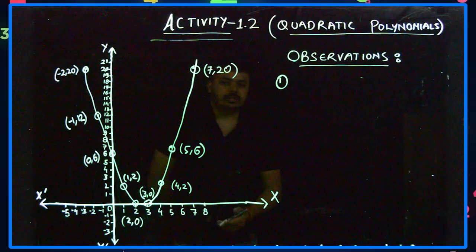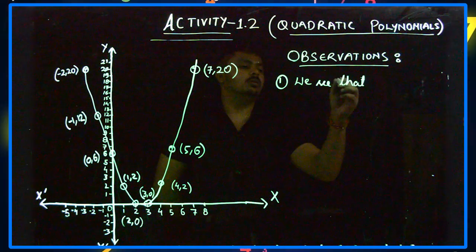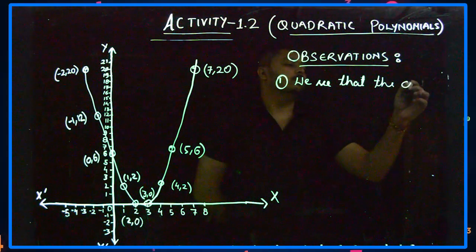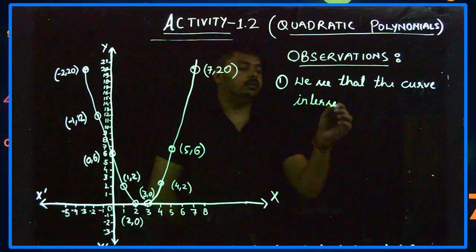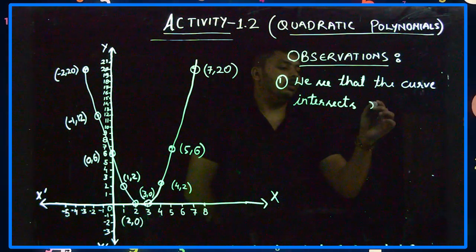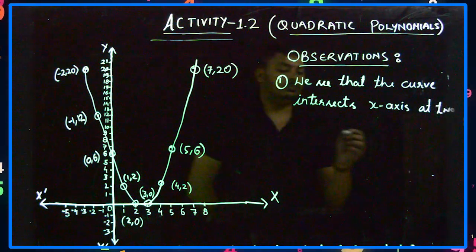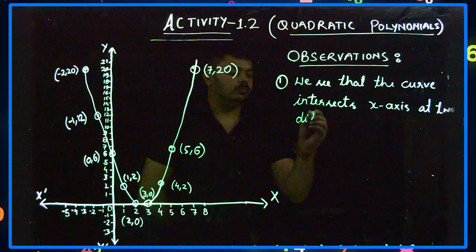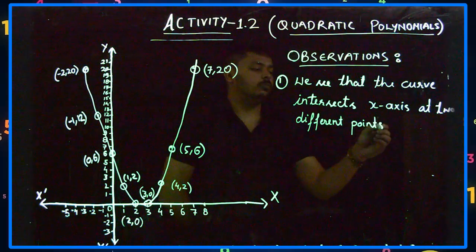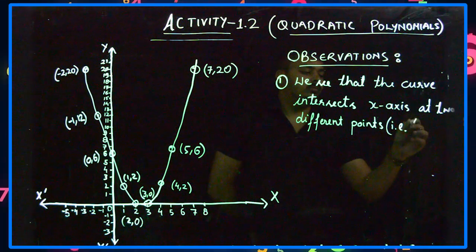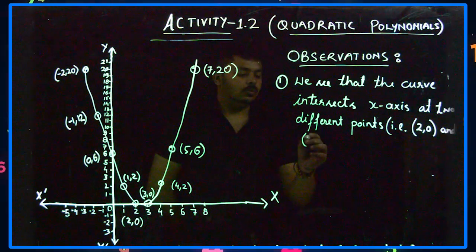So our observation for the given activity is, we see that the curve intersects x-axis at two different points, that is 2, 0 and 3, 0.